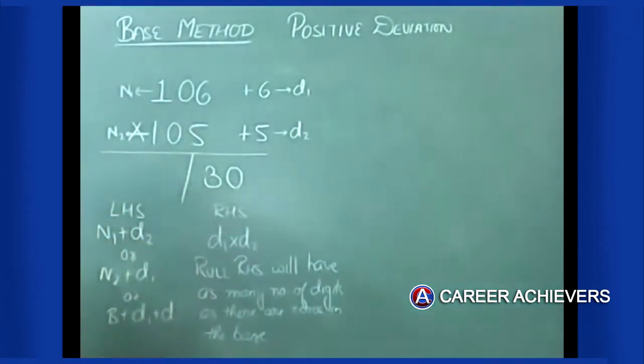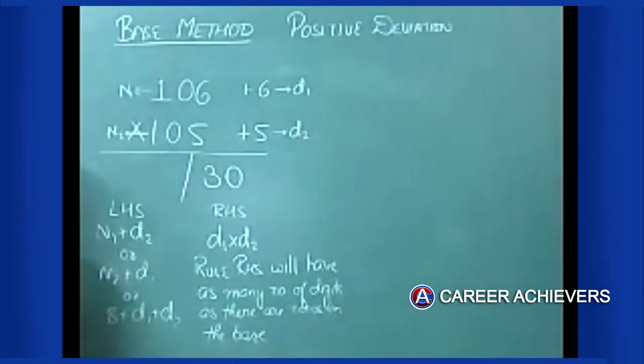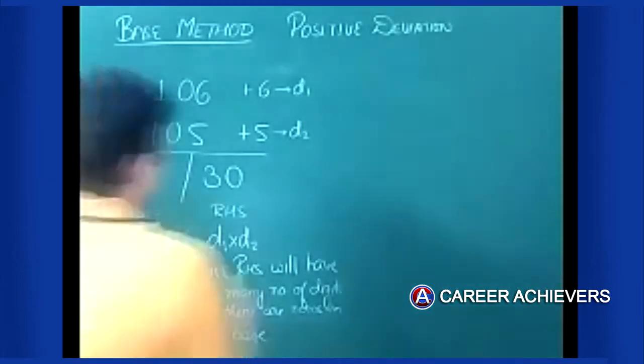So if the base has 2 zeros, then RHS will have 2 digits. If the base has 3 zeros, RHS will have 3 digits, and so on. Hope this is also clear. Yes.